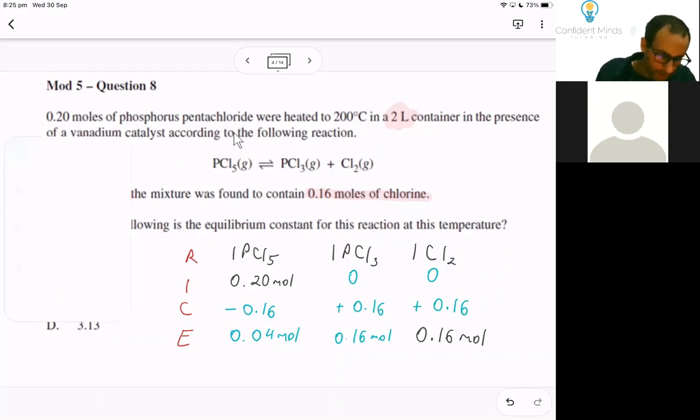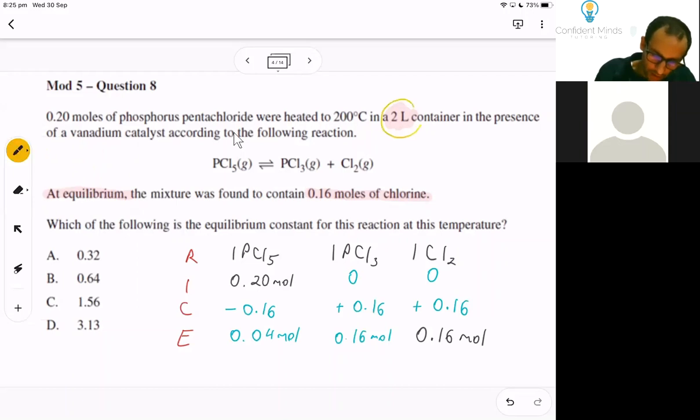Okay, but please don't forget that. So remember, C is moles over volume, so we need to divide all of these by 2 to get the concentration in moles per liter before we put it into the KEQ.